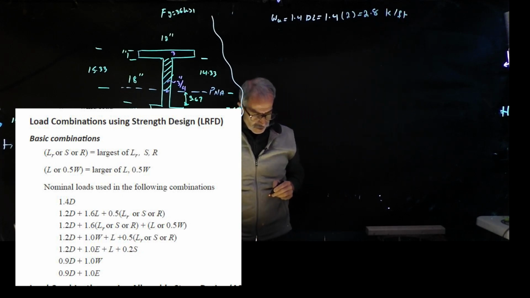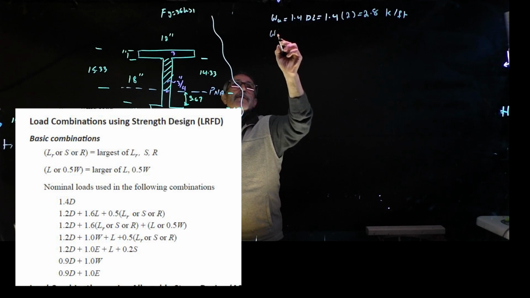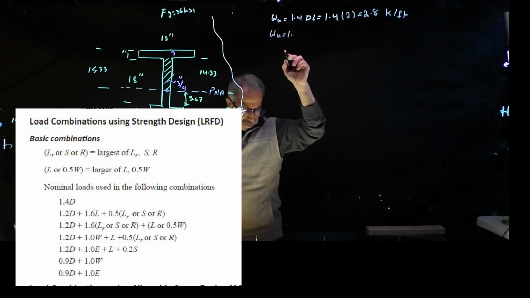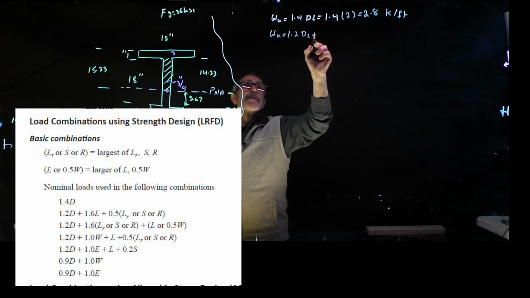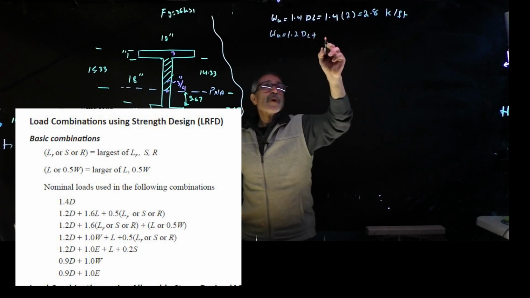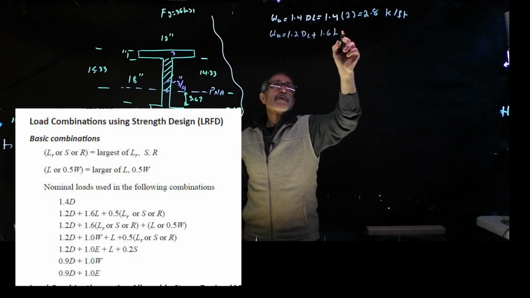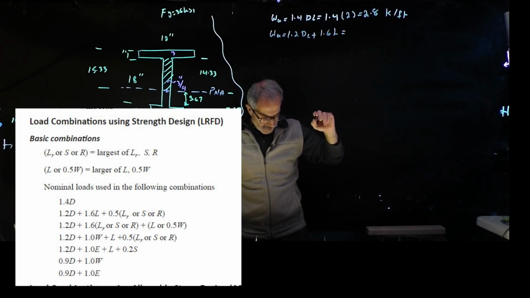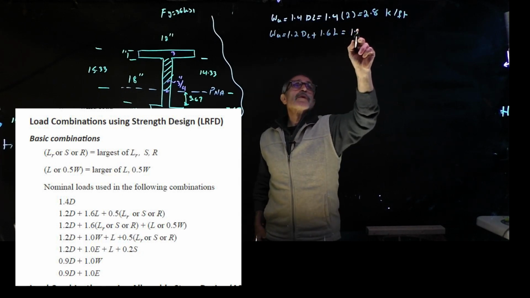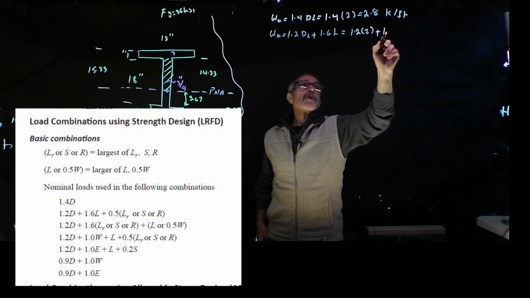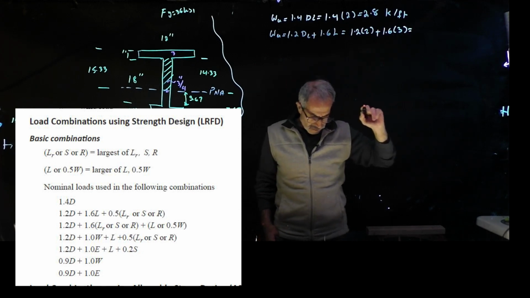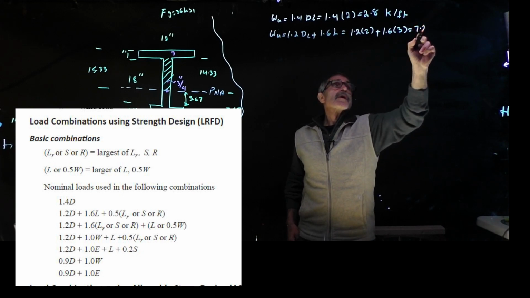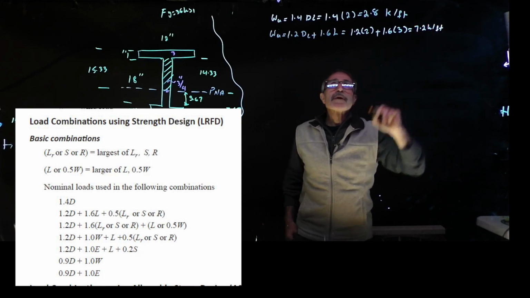Load combination number 2 is going to be Wu equal to 1.2 times dead load plus 1.6 times live load. That's 1.2 times 2 plus 1.6 times 3, and that gives us 7.2 kip per foot.